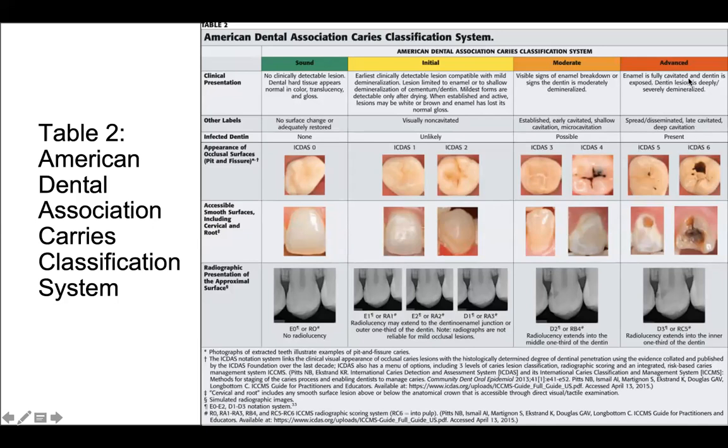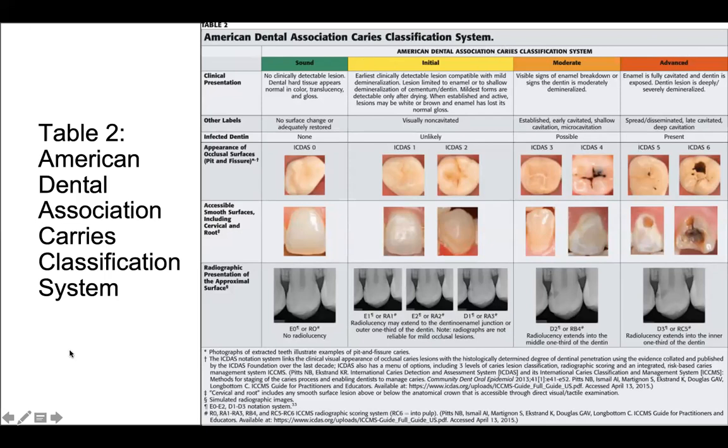Enamel is fully cavitated and dentin is exposed. The dentin region is deeply, severely demineralized, but has not reached the pulp, because if it reaches the pulp, there is inflammation, arteries, veins, blood vessels, inflammatory cells, pulpitis. But we are talking about the caries system, so there should not be pulpitis. We just stick to the caries.